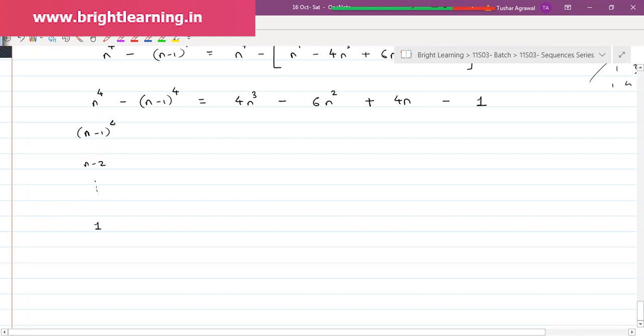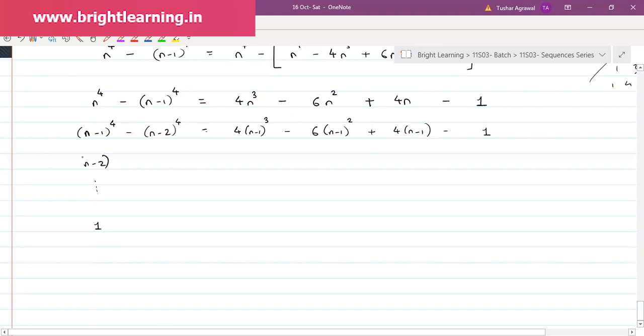So, sir, n minus 1 raised to 4 subtraction, it becomes n minus 1 minus 1, that is n minus 2 raised to 4. This becomes equal to 4 times n minus 1 cube subtraction 6 times n minus 1 square addition 4 times n minus 1 subtraction 1.